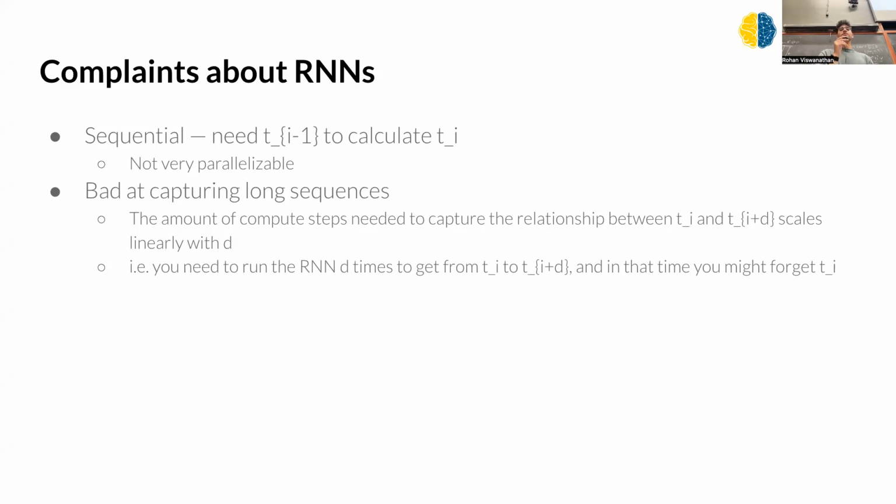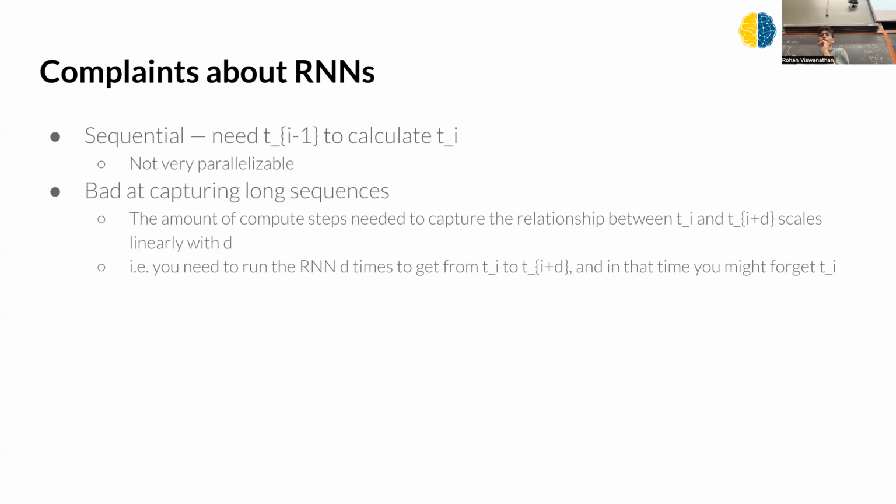So the amount of compute steps needed to capture the relationship between Ti and Ti plus D scales linearly with D. If I have some input at time 0 and some input at time 5, I have to go through every step 1, 2, 3, 4, and end at 5 to get those connections. We need to run the RNN D times to get from one step to the i plus D step. And in that time, you might forget the Ti, depending on how long those connections are, right?